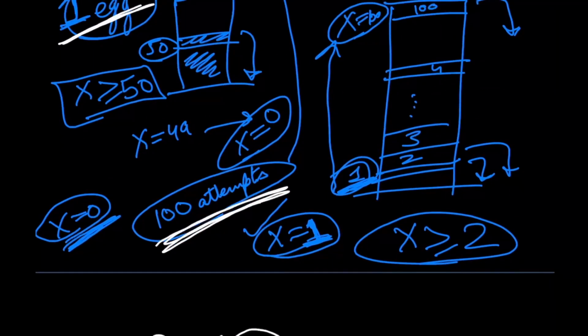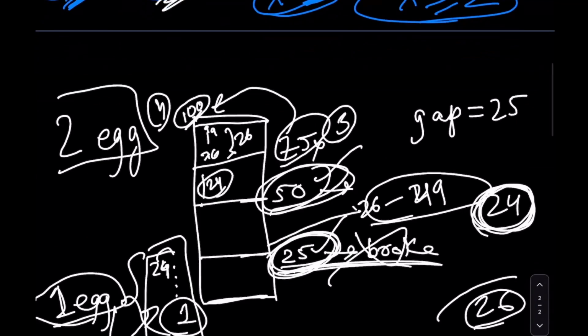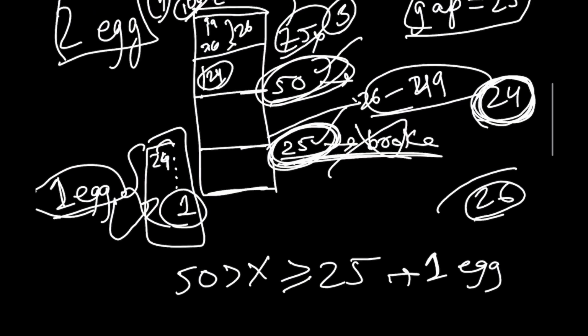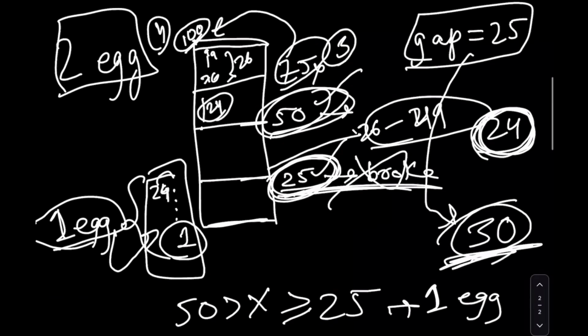to, in the case of two eggs, since I chose the gap as 25, we got a value of 30, sorry. But we obviously could do better.